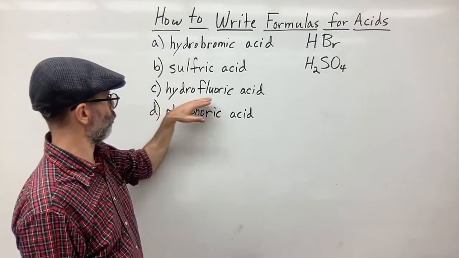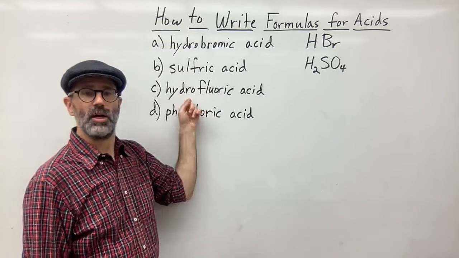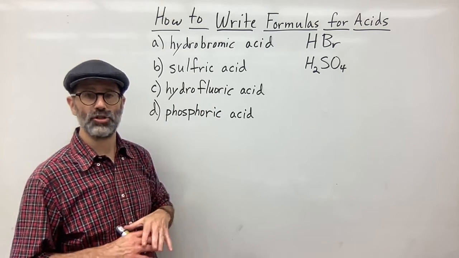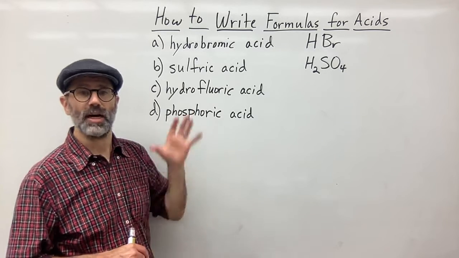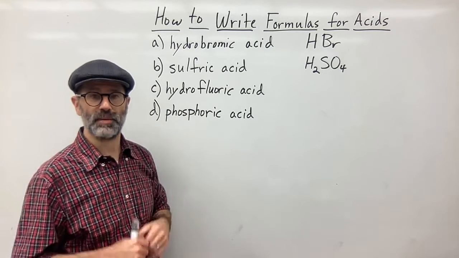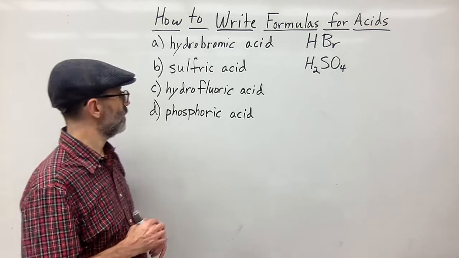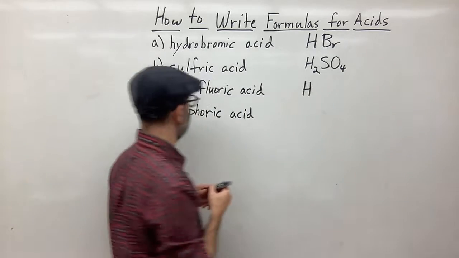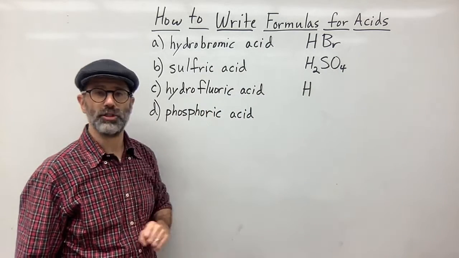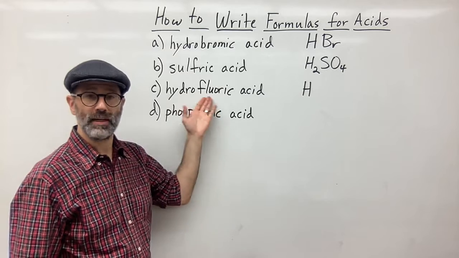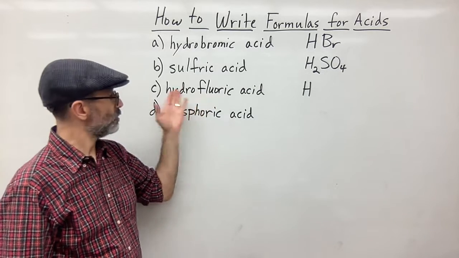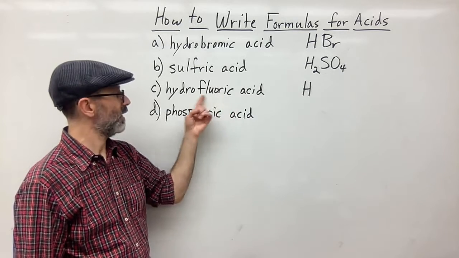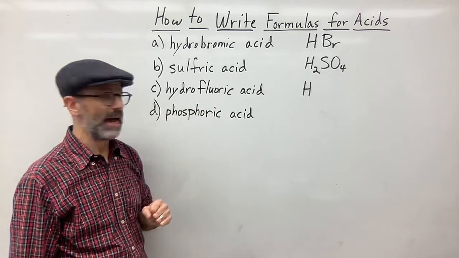Now, what about hydrofluoric acid? Again, we have hydro, so that indicates that we have a binary acid, not an oxyacid. So there's no polyatomic ion here. It's just hydrogen plus another element, usually a halogen. So here hydro is our hydrogen, so we have H, and fluoric is referring to fluorine, the fluoride ion. Here the IC ending is just the ending for the second element in your binary acid.